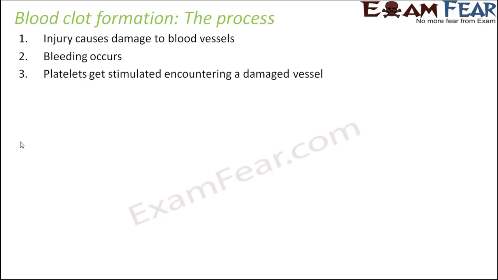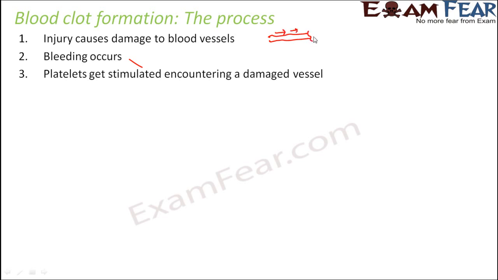Now, as soon as there is an injury, what is this blood? Blood is nothing but the plasma, or the fluid-like structure, which carries all other components along with it. Correct? So now what happens is the platelets get stimulated when they encounter a damaged vessel. For example, let us suppose this is the blood and the blood is flowing in this direction.